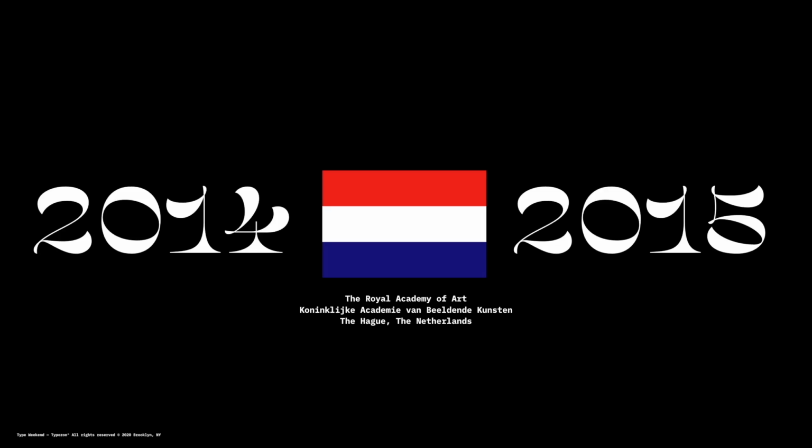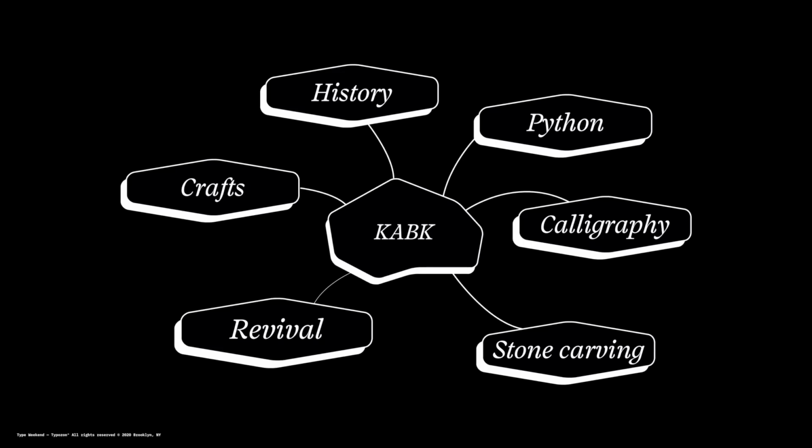So I went to the Netherlands between 2014 and 2015 to study a master program in typeface design at the Royal Academy of Art in The Hague. This university is better known as KABK, and basically the program is divided in 2 semesters.